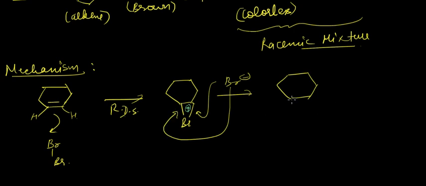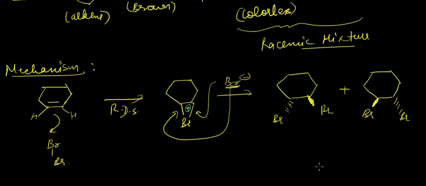If it attacks from the front direction, it can come on this, and the other Br will go down the plane. If it attacks from behind, then this Br will come in front, and the attacking Br will go down the plane, thereby forcing this Br to go up the plane. So this is how a racemic mixture will be formed.